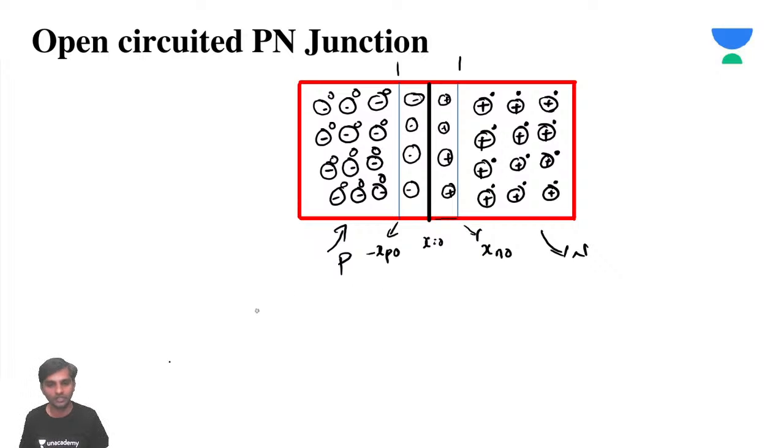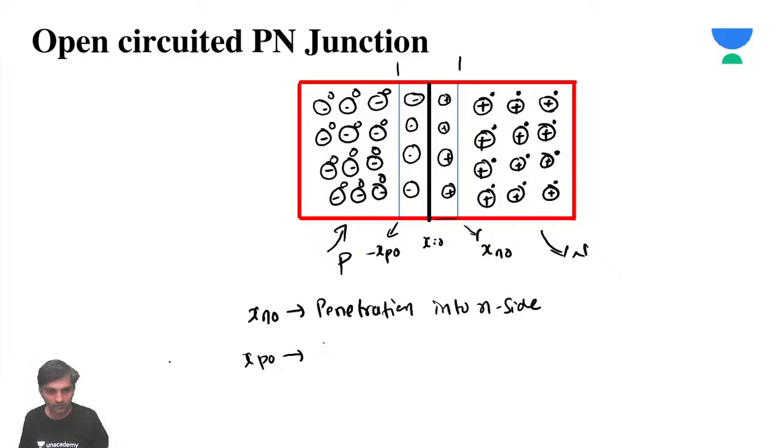What do xn naught and xp naught mean, sir? xn naught is the penetration into the n side, whereas xp naught is the penetration into the p side.